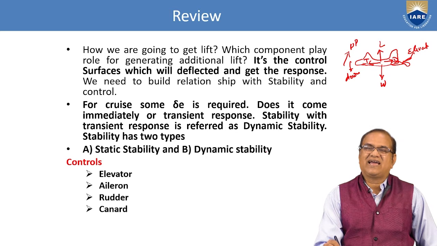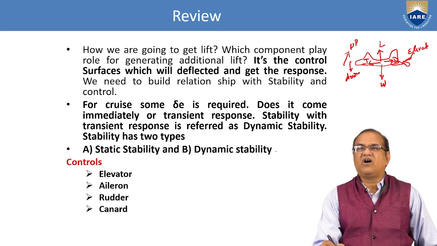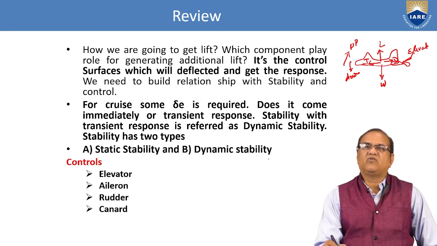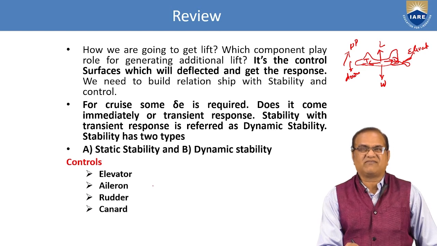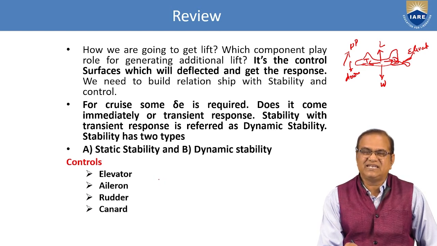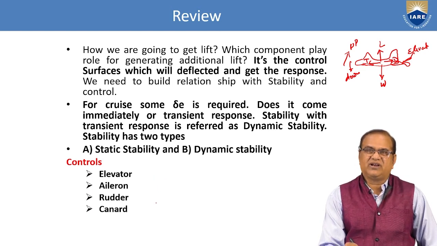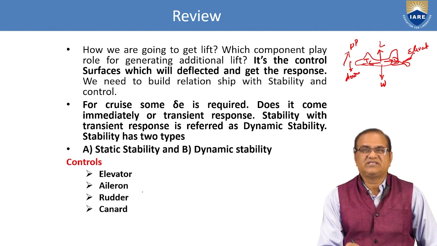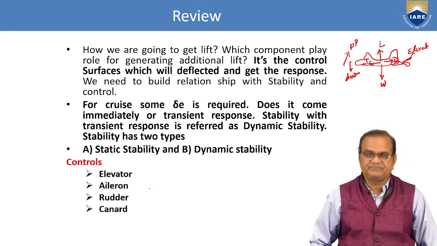So these can be achieved. And if you talk about the controls, we have the four primary controls: the elevator, ailerons, rudder, and the canard. These are the controls which are used for aircraft operation.